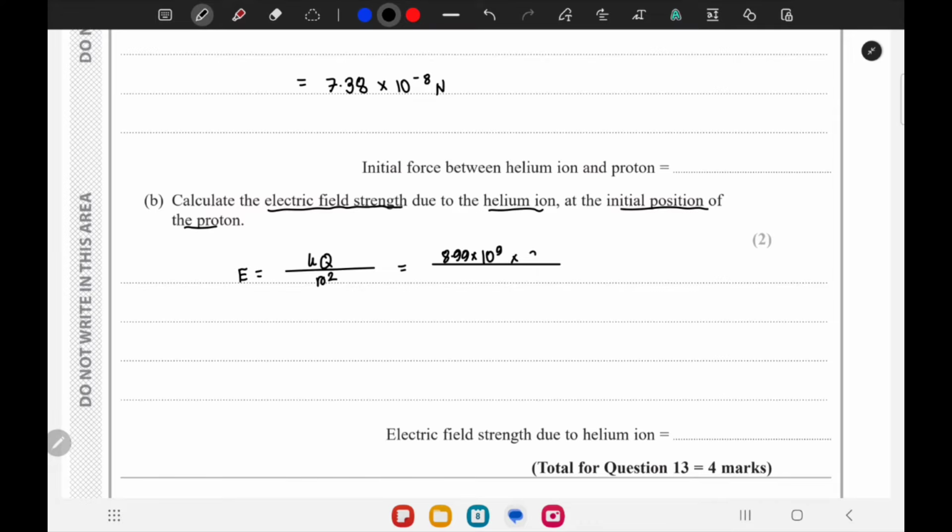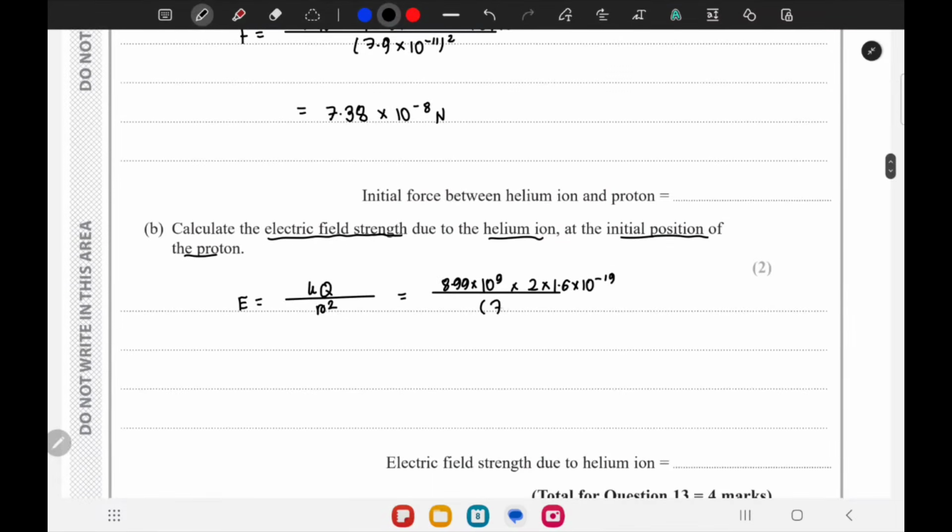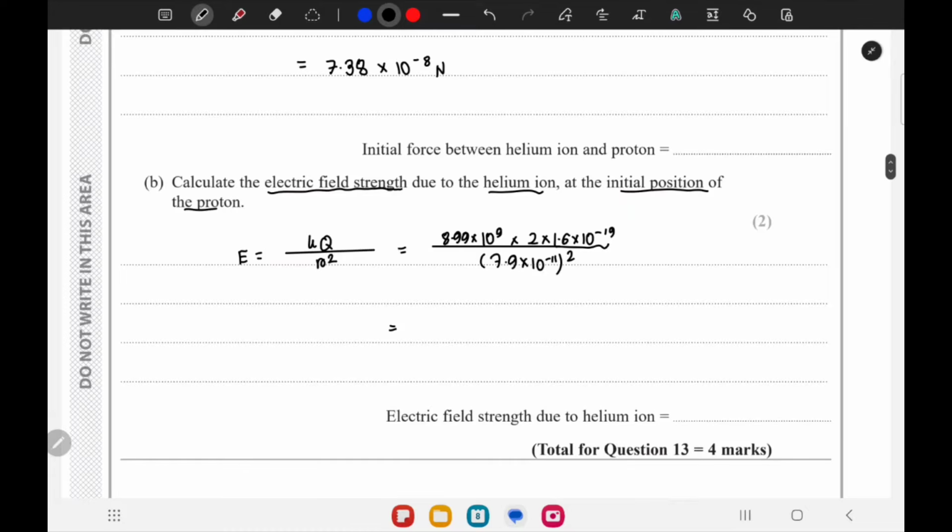We'll multiply the charge of a helium ion, so 2 × 1.6 × 10^-19. And the value of r² is (7.9 × 10^-11)². This would come out to be 4.61 × 10^11 newton per coulomb.